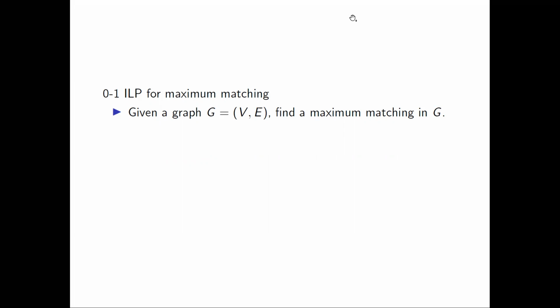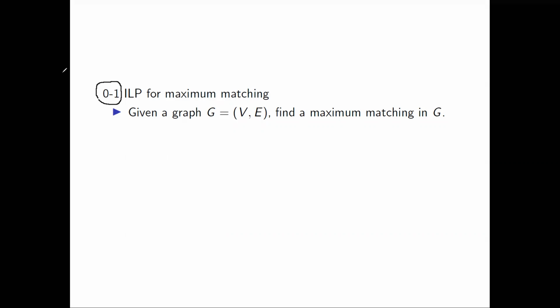So like we were doing when we were looking at the ILPs, the integer linear programs in class, we can make these variables, and the variables will take on values 0 or 1 because we're doing a 0-1 ILP. And these variables will correspond to edges because we're trying to find some set of edges.